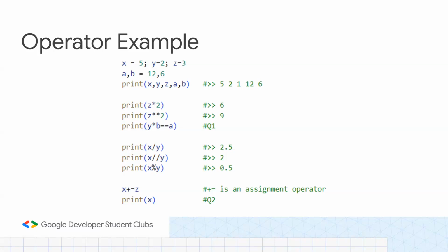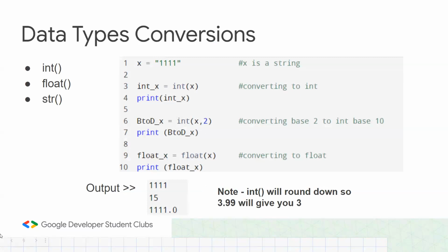Any other questions? Yeah. The page after this? Here? The base conversion? So you're doing 2 raised to x basically. No, this is basically just saying that x is equal to 1111.